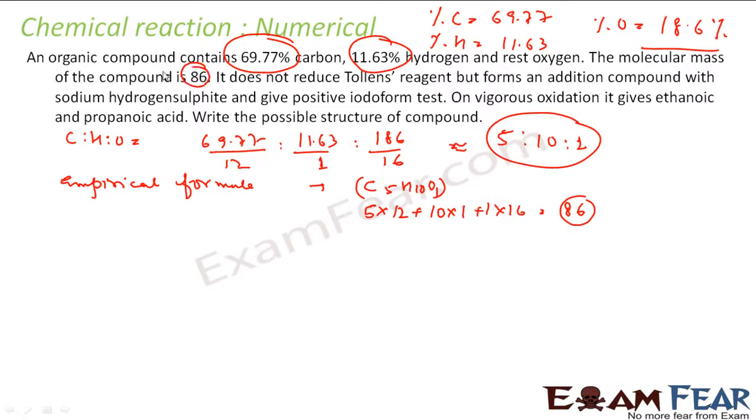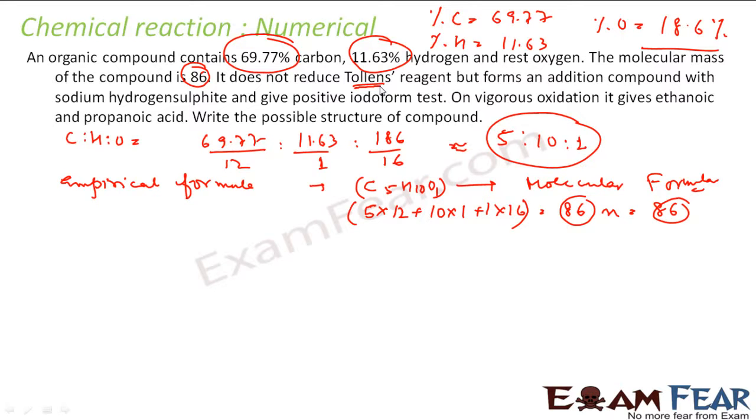And it says the compound molecular mass is 86 itself. That means the molecular formula is equal to the empirical formula. If this was not the same, then we were supposed to multiply with some number, right? So this is the same. It's 86 into 1. The empirical formula into n is equal to 86, so n is equal to 1. This is my molecular formula also.